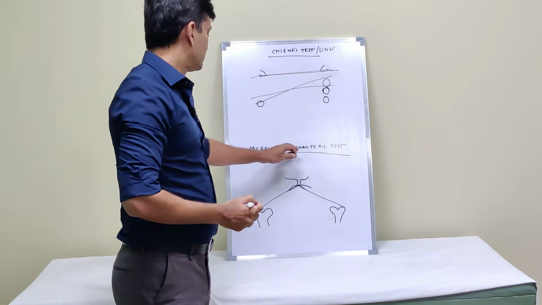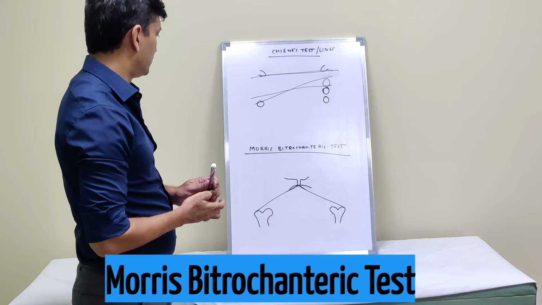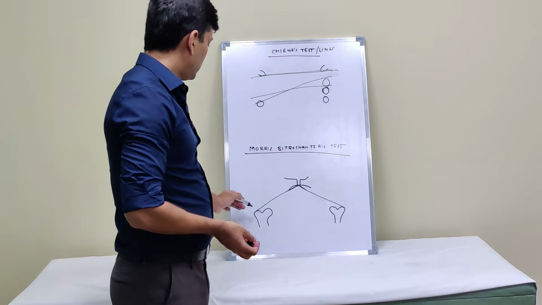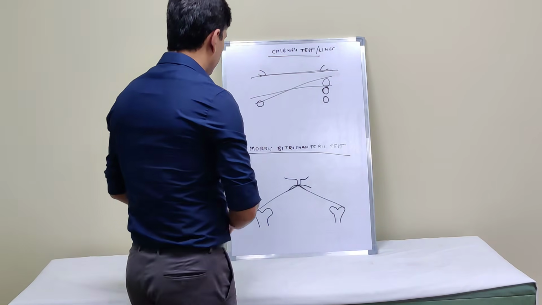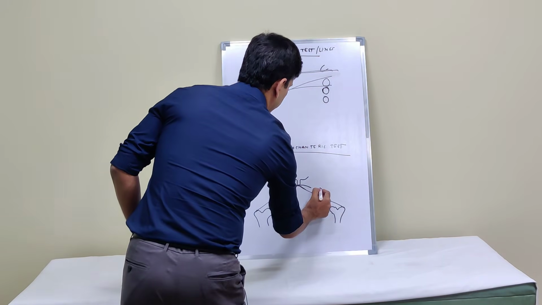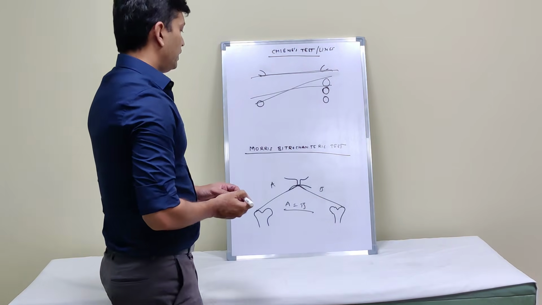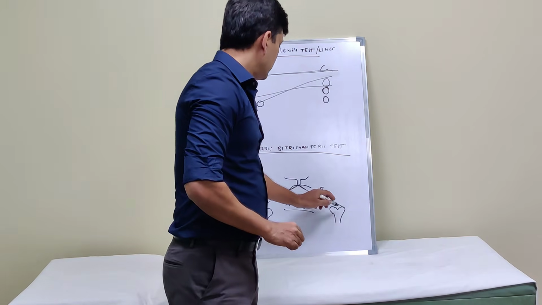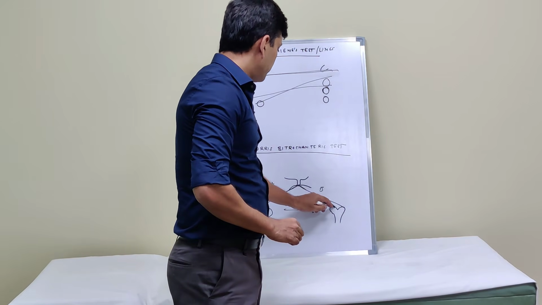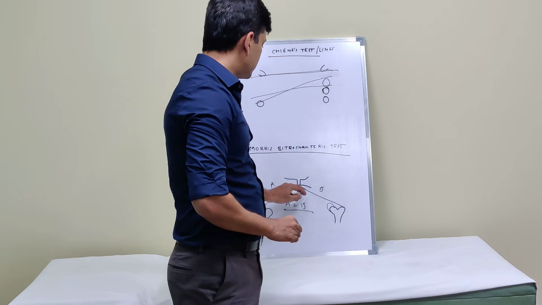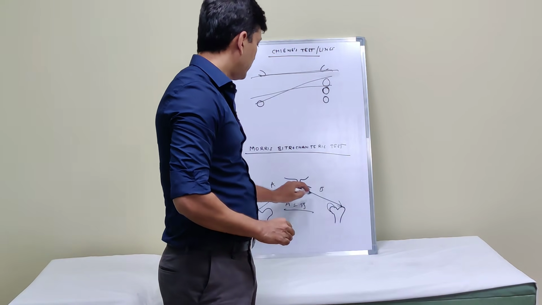Now the second is, sometimes the examiner may ask, what is Morris bitrochanteric test? This is a line you draw from the greater trochanter to the pubic symphysis. In a normal patient, if this is A and this is B, A should be equal to B. However, for any reason, if this hip is medializing, say for example there is protrusio or central fracture dislocation, then this line will become shorter and shorter.